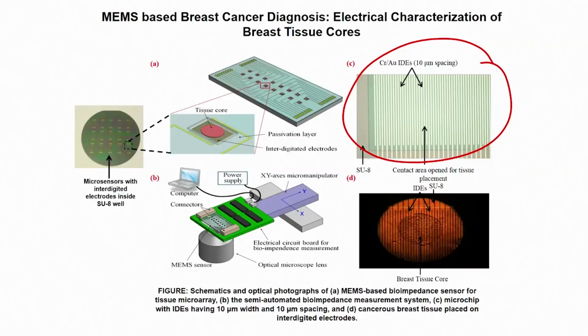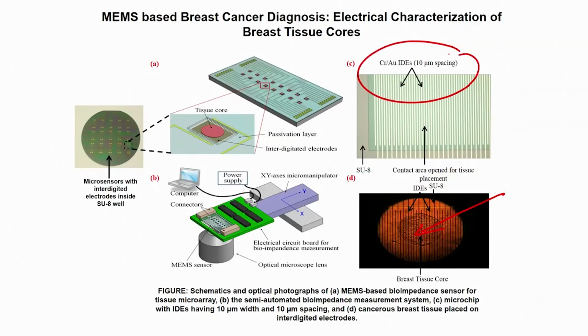So, this is what we can see here on the slide. You can see that the tissue is placed on the interdigitated electrodes, which are fabricated using chrome and gold, and the width and spacing of these interdigitated electrodes is 10 micron, and the well is made up of SU 8, right.